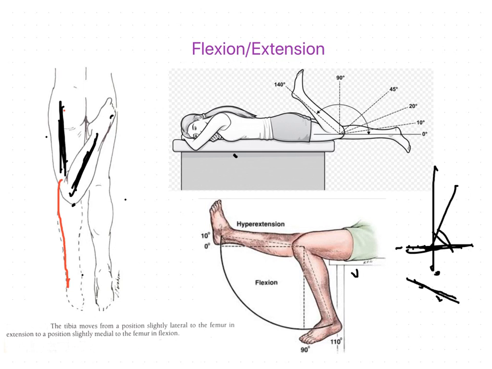Next, however, unlike the elbow, the axis of motion for flexion and extension at the knee is not relatively fixed. So here the axis is not going to be fixed for the entire range of motion. The point of this axis is going to change according to the range of motion of the movement.